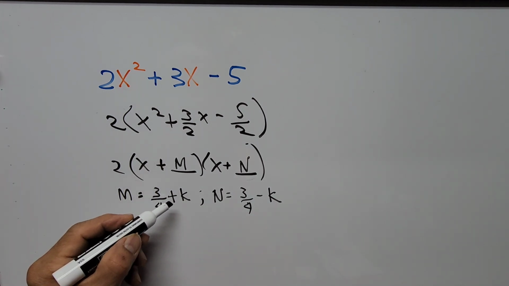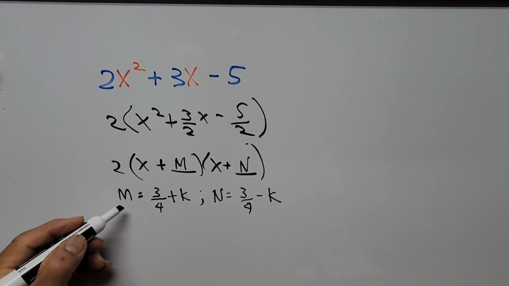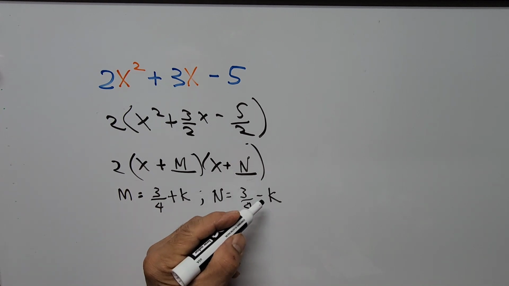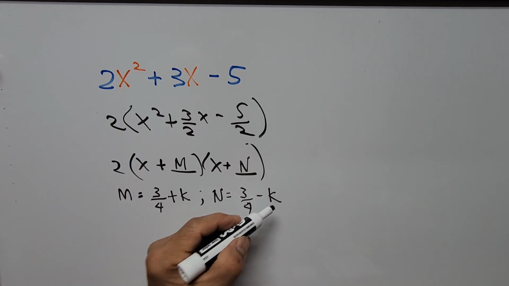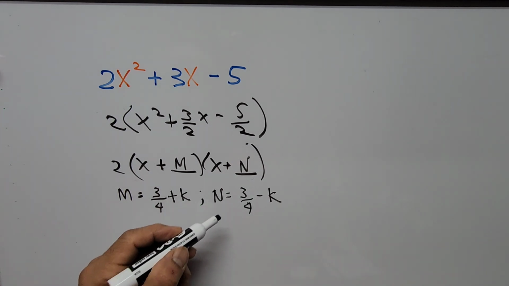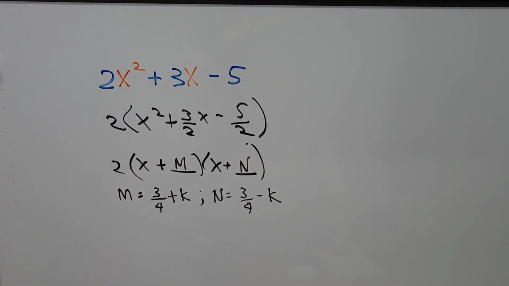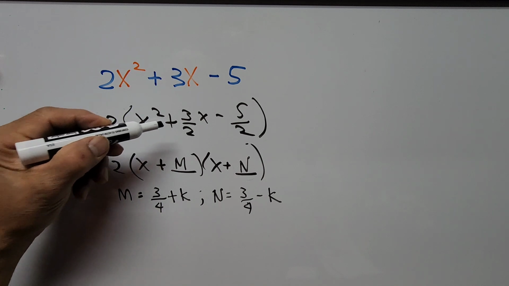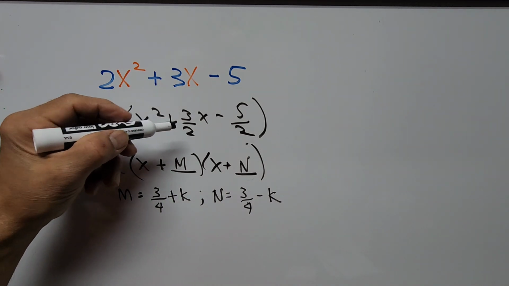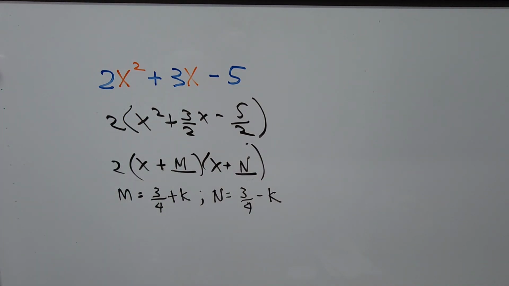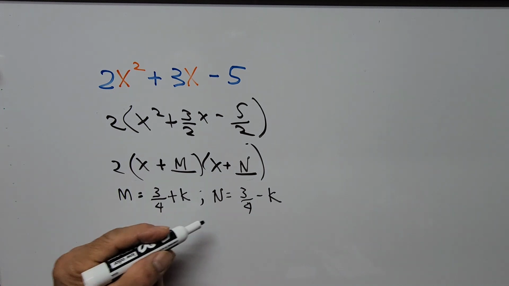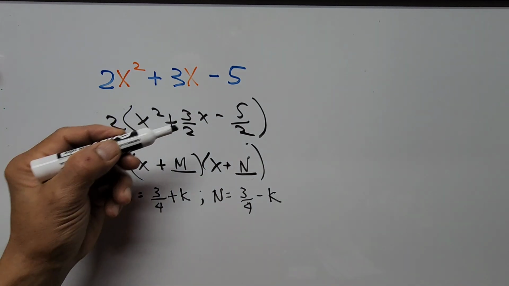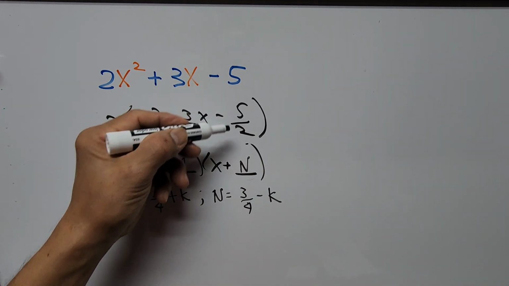Since we're adding k to factor m, we're subtracting the same amount k to balance the value of n. If we add this up, the sum will be the middle coefficient, 3 halves. And if we multiply them, the product will be the third term, negative 5 halves.